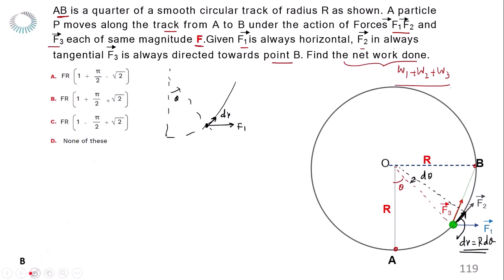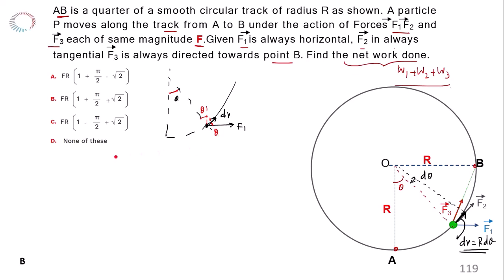Can I tell what is the angle between the force and displacement? Yes, this angle is also theta, that means this angle is 90 minus theta, and this is theta. So the F1 vector makes an angle theta with the dr vector. Why? Because this vertical angle is theta, that means this angle is 90 minus theta and the other angle is theta.